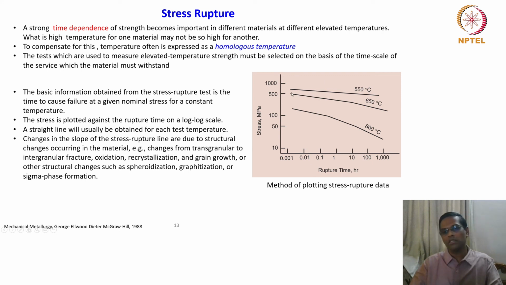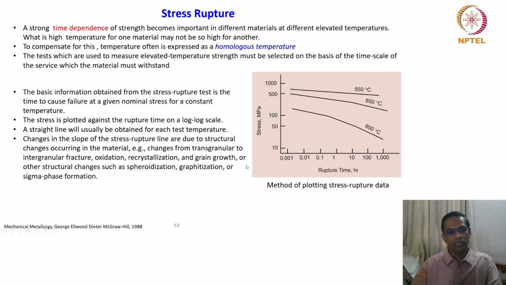So you see that this is a simple straight line, but on the other hand, here the change in slope takes place at 650, and here the change in slope takes place two times, one here and another here, at 800. These are the changes from transgranular to intergranular fracture, which we also talked about when we discussed the equicohesive temperature, ECT.